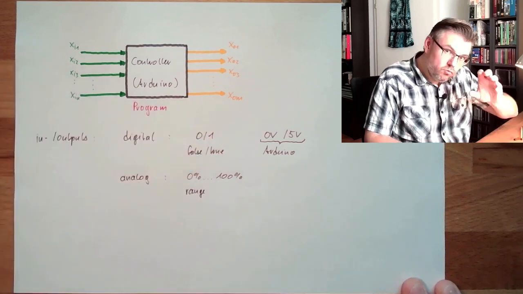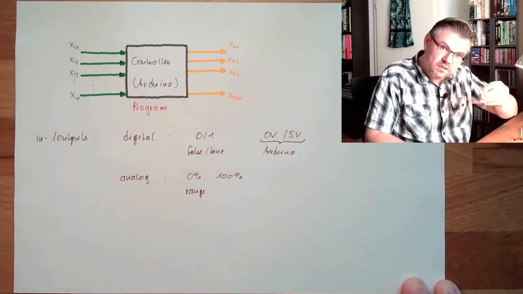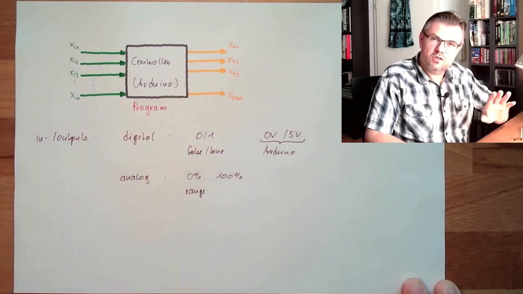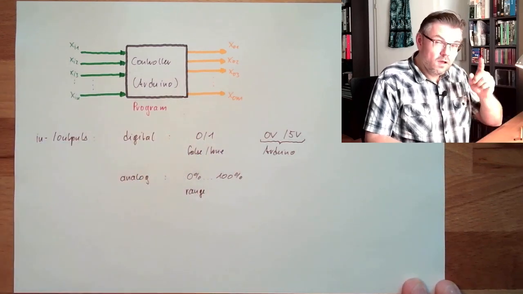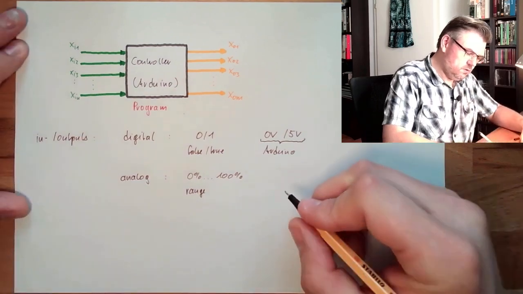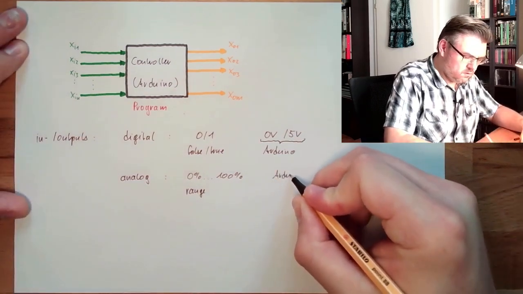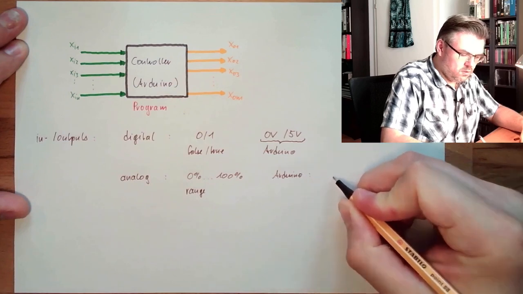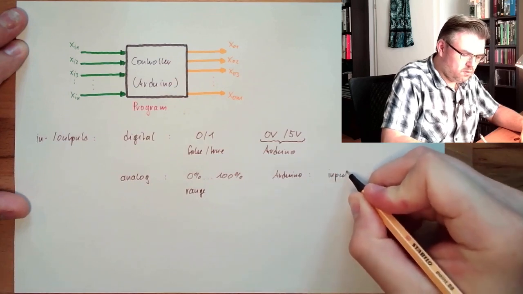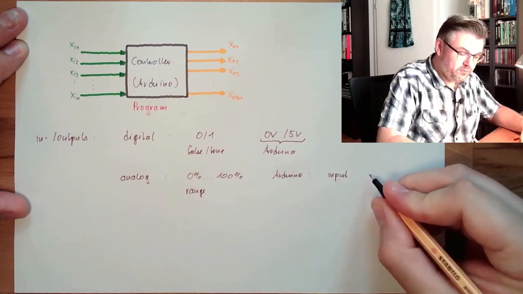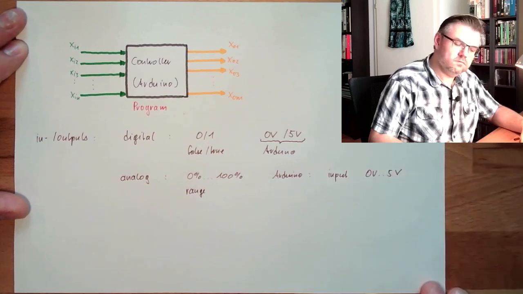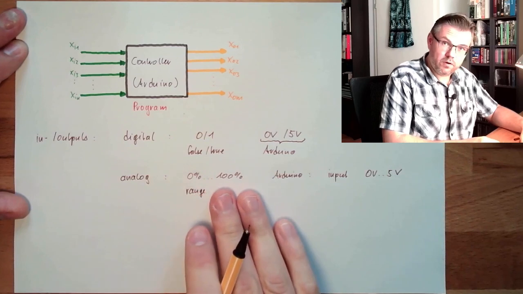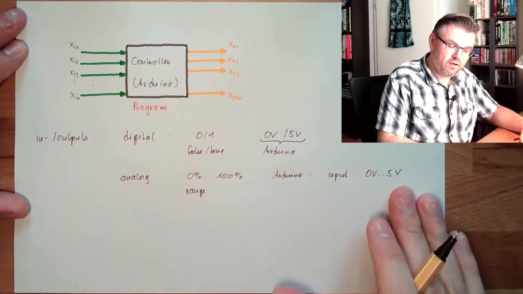Digital was only 2 explicit states, and this is a range between 0 and 100%. On Arduino, an analog input usually is between 0 volts and 5 volts. This is between 0 and 100%, between 0 and 5 volts.